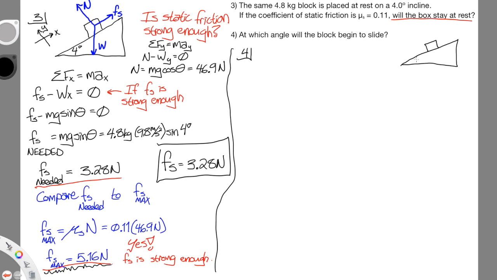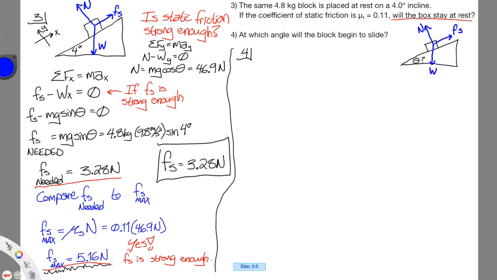Now we do not know our angle theta, but we still have the weight acting down, the normal force acting perpendicular to the surface, and static friction holding our box, this time at rest, or at least getting right to that point where it starts to slide.